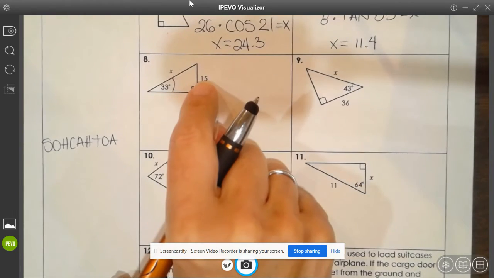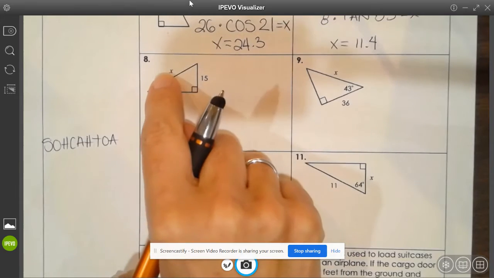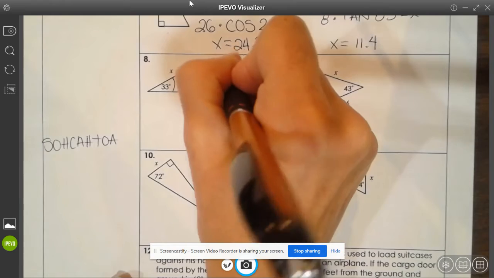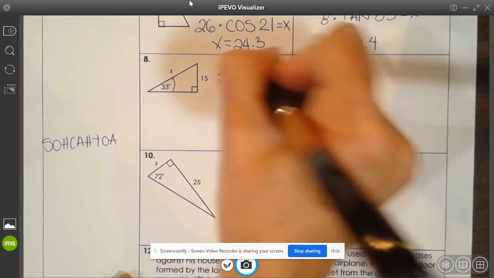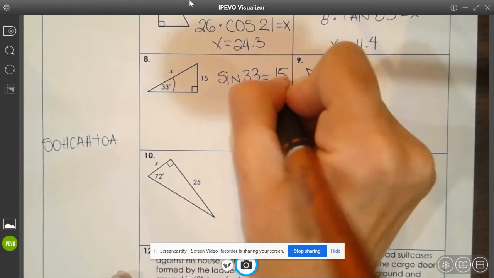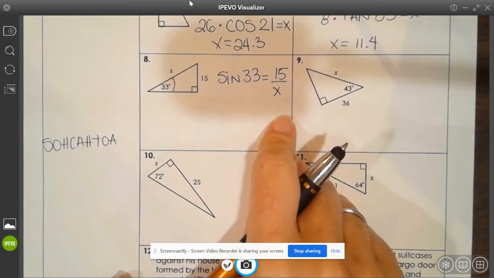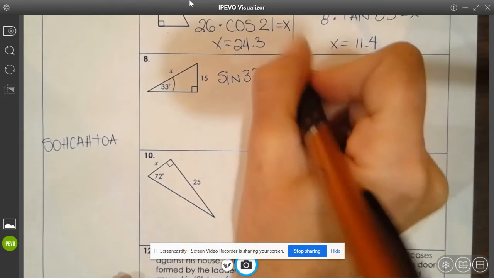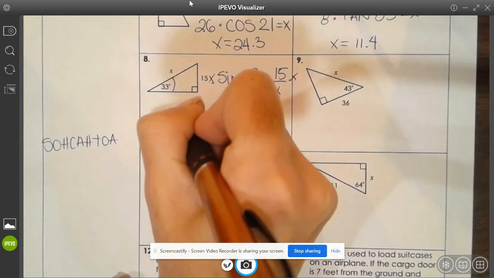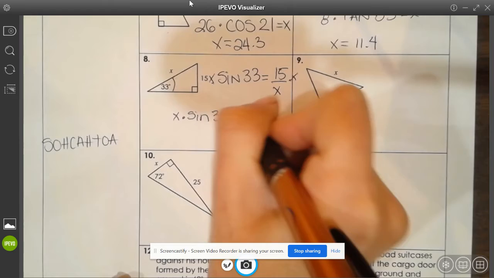That's my angle. Opposite 15 over x, right? So that would be opposite over hypotenuse. It's sine. So that's sine of the angle 33 equals opposite over hypotenuse. Now, I'm not going to be multiplying here because if I do some algebra, if I get rid of that x by multiplication, I have x times sine of 33 equals 15.